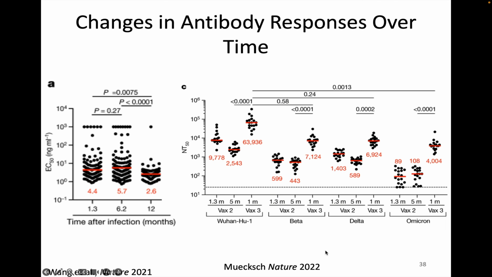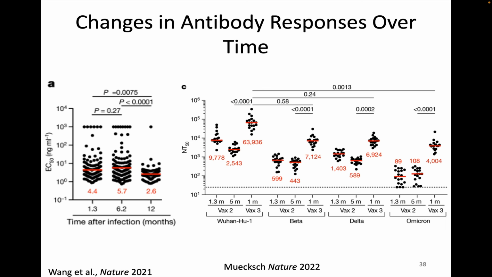Remember, the adaptive immune response is really specific. And so if you got a vaccine against the Wuhan Hu1 virus, then you shouldn't have an amazing antibody response to Omicron. But what you can also see is that as time goes on and as we're seeing those memory cells make a response from that third vaccine dose, suddenly we're starting to get a really good response even to unmatched antigen.